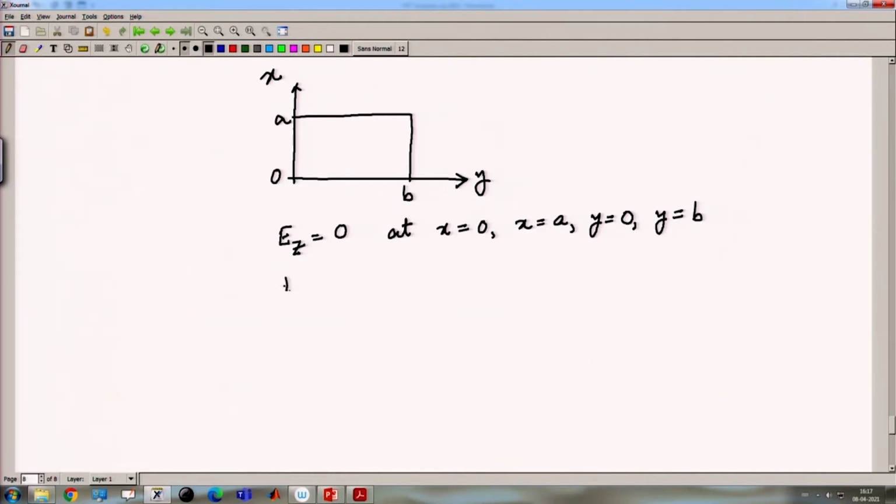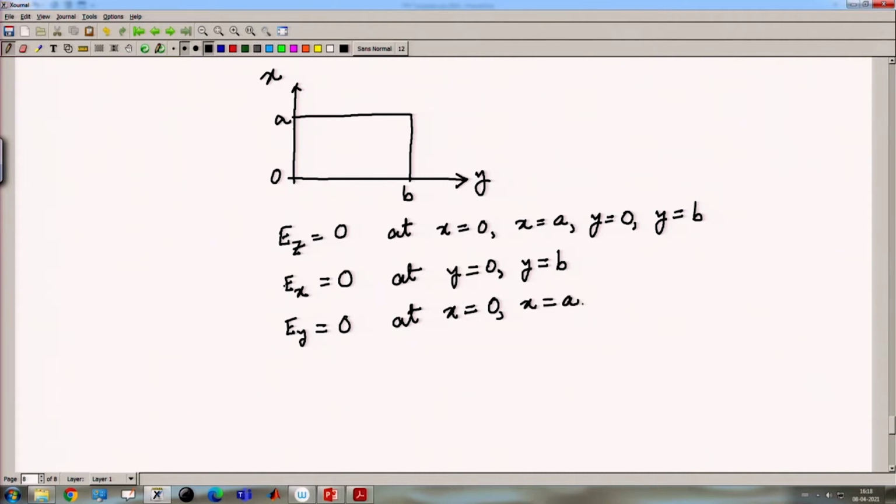Similarly, Ex must be 0 at y equal to 0 and y equal to b, and Ey must be 0 at x equal to 0 and x equal to a.